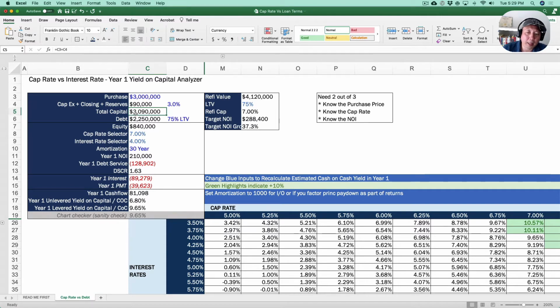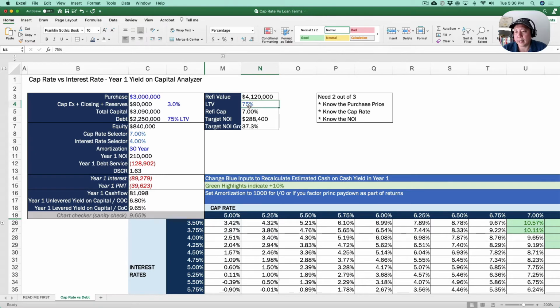But you're also going to have to pay for loan fees, refinance fees, and all that other stuff as well. So we'll use $3,090,000 as an approximation of how much capital you're going to need to completely get out of this deal, the cash out refi, right? So in this case, we take that $3,090,000 and divide it by the LTV of 75%.